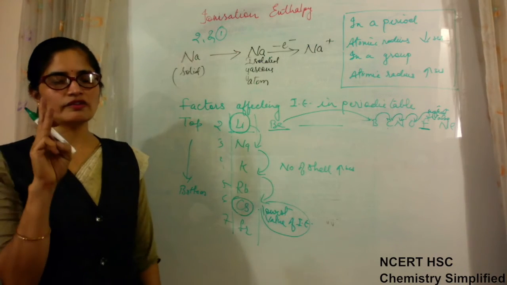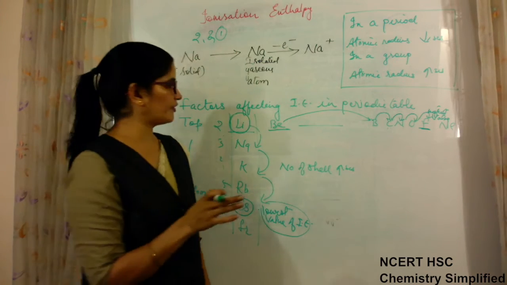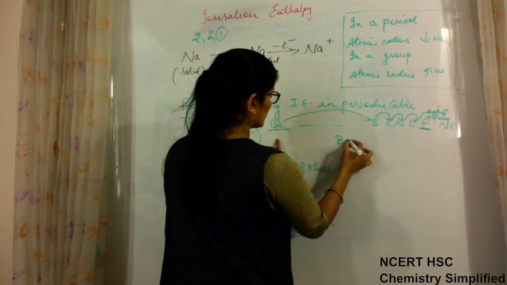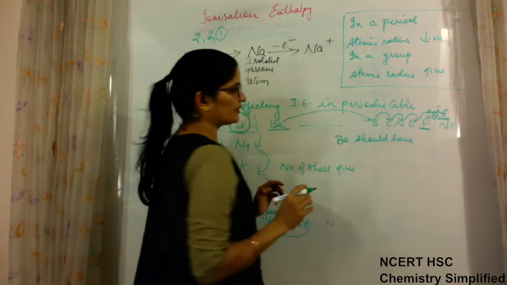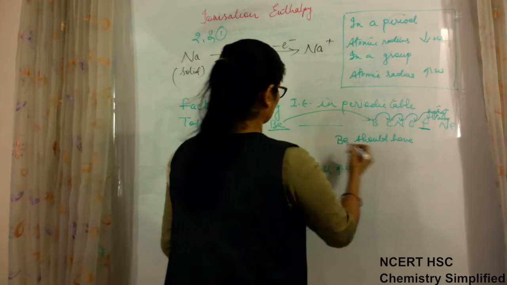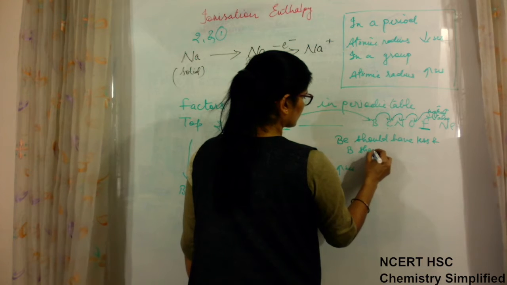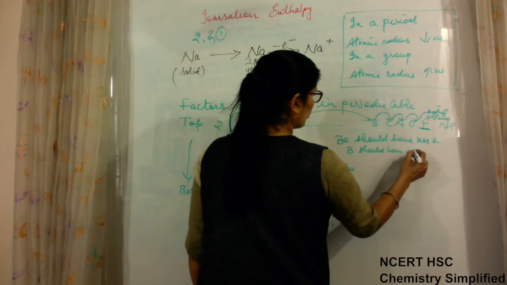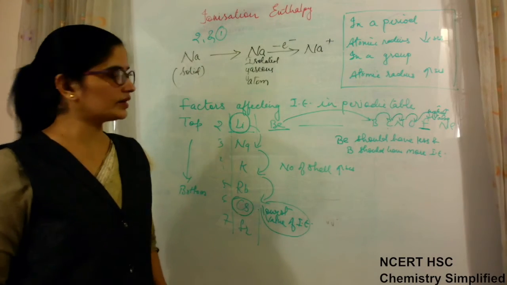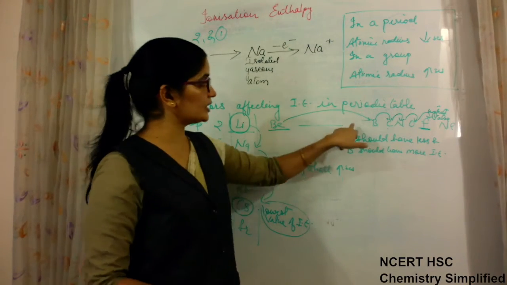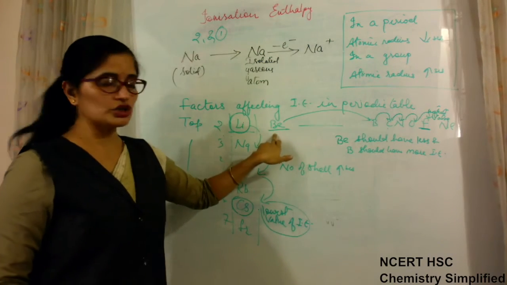But we observe at two places the regular trend is not followed. According to the trend, beryllium should have less and boron should have more IE. It should be like this on regular trend basis, because left to right nuclear charge is increasing, boron's nuclear charge is more than the charge of beryllium.